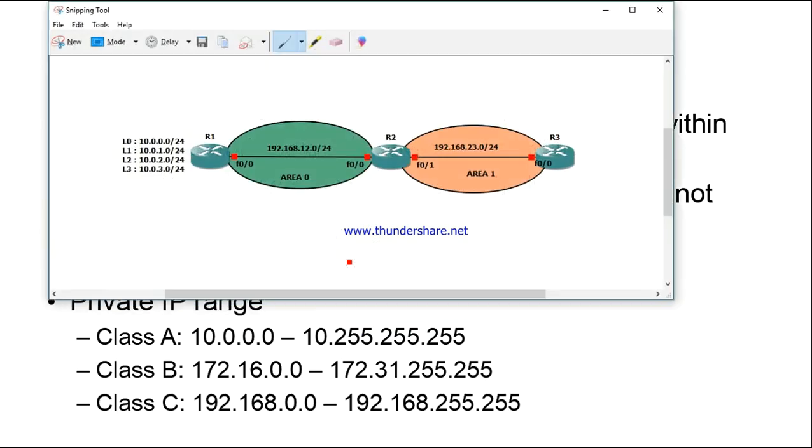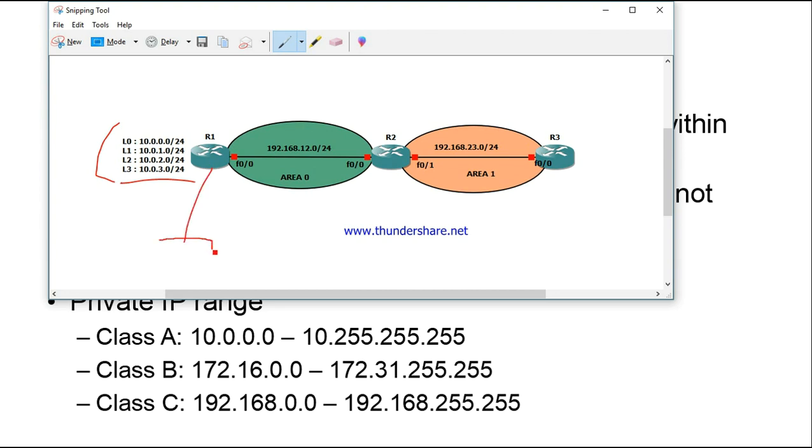I will show you here. Let's consider this example. It has 3 routers, and here I have mentioned it's a private IP. Let's consider this to be an internet public IP, whatever it be. These are all the IP addresses, the loopback IPs or private IP segments.